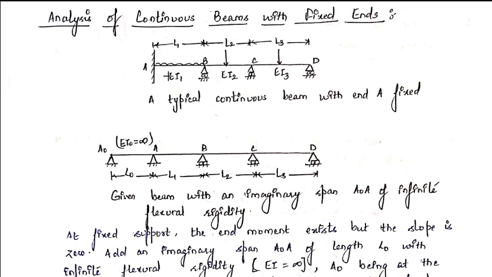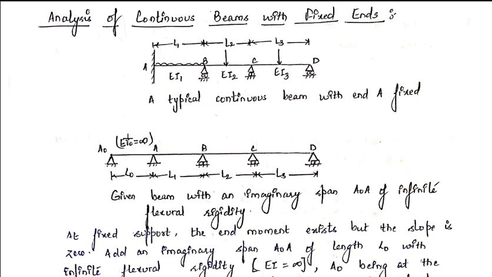So this fixed support can be replaced by an imaginary span A0A of span L0 having infinite flexural rigidity. Because flexural rigidity is the product of the modulus of elasticity and the moment of inertia, and as this value goes on increasing, the rigidity also goes on increasing, but the deflection and the slope go on decreasing, and when the flexural rigidity becomes infinite, the value of the slope becomes 0.